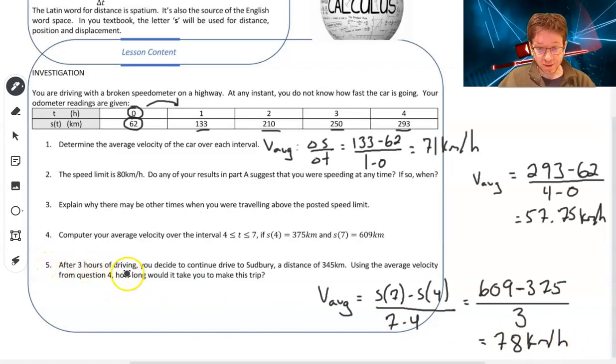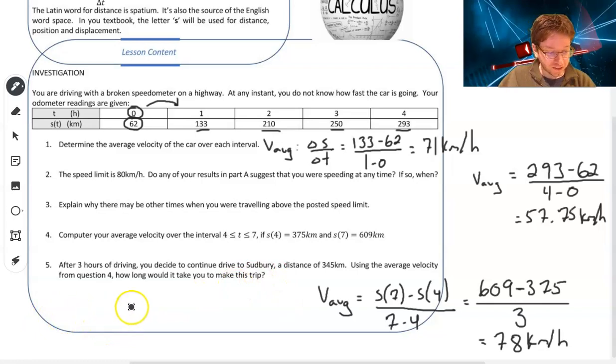Now, after 3 hours of driving, you decide to continue to drive the subway. Why not? Let's just drive another 3 hours, a distance of 345 kilometers. If we take this value from part 4 as our average velocity, how long would it take us to get there?